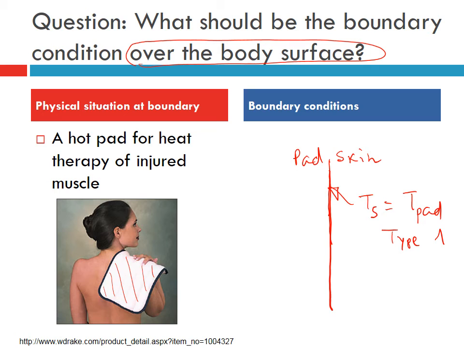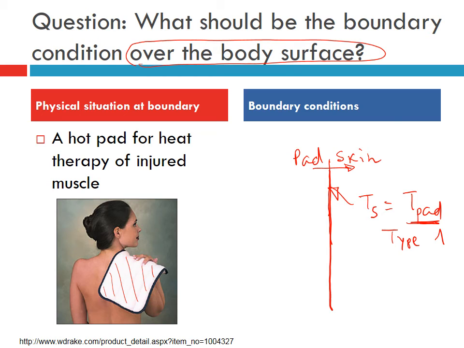But as we will see later on, this problem is actually more complicated because the pad cannot just keep maintaining this as it's losing heat. As the pad loses heat to the skin, the pad temperature must go down.